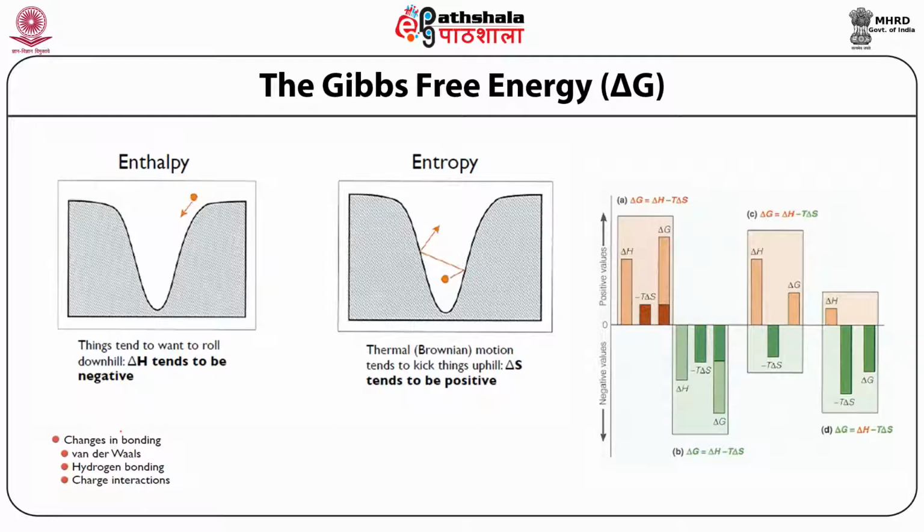In the third case, delta G is again positive because delta H is positive and delta S is negative, so ultimately delta G is positive. And in the fourth case, delta H is positive and delta S is more positive, so the overall value of delta G is negative.